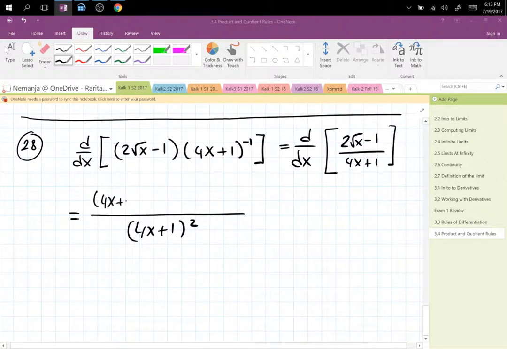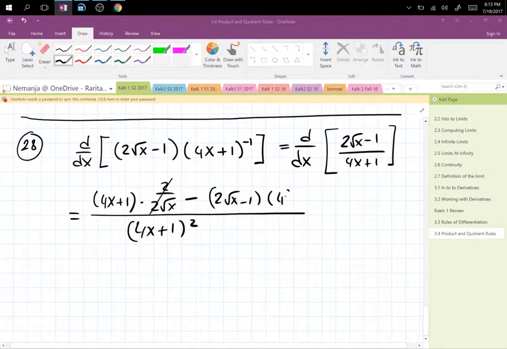Then 4x plus 1 times the derivative of the numerator. Well, this would be 2 over 2 root x, and then the 2's cancel. Minus 2 root x minus 1 times the derivative of the denominator, which is just 4, because the derivative of 4x is 4 and the derivative of 1 is 0.